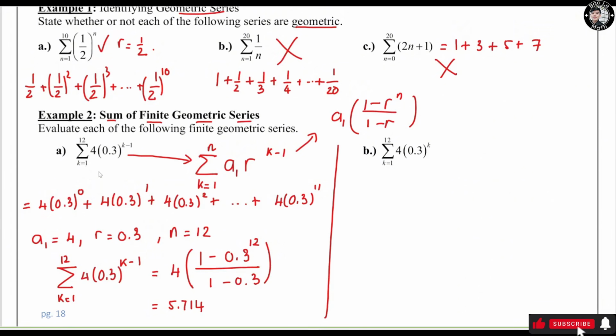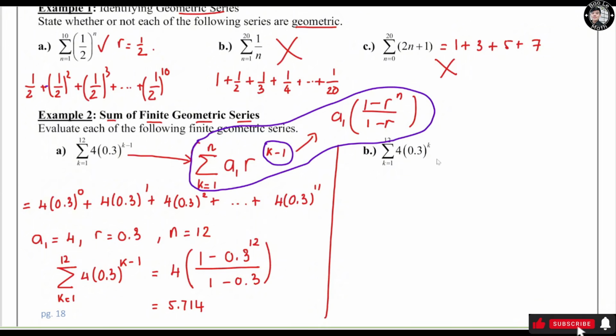Now question B looks similar to question A. But in order to apply this formula, you need to rewrite this in the form of k minus 1. So this turns out to be sigma, k goes from 1 to 12, of 4 times 0.3.